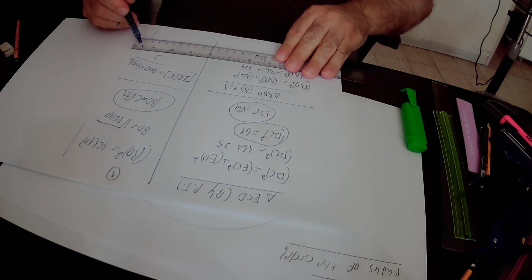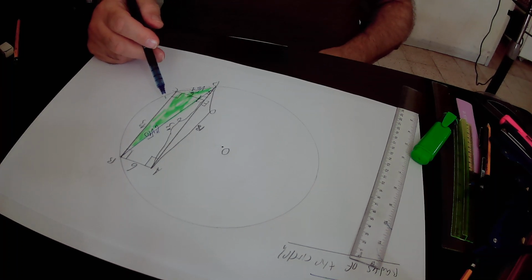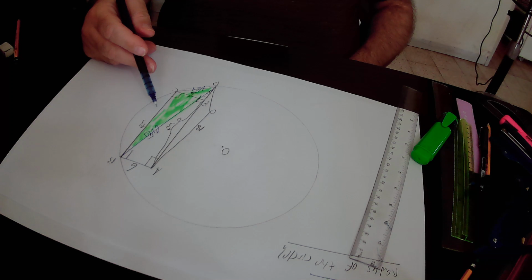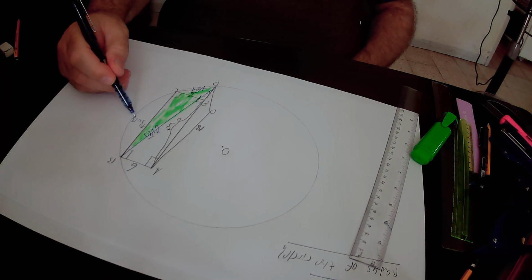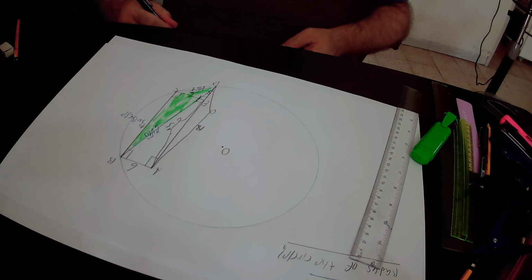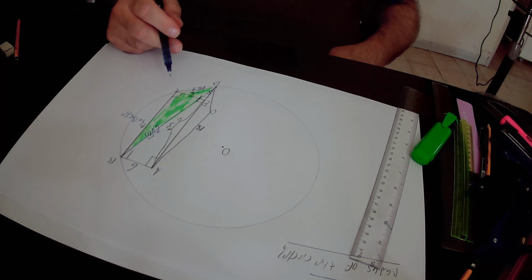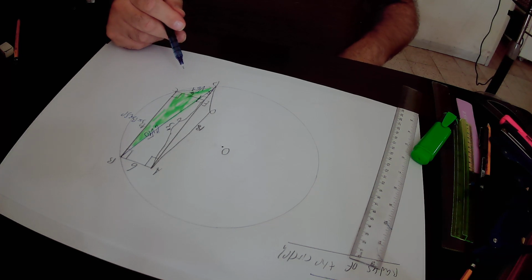So the area of triangle BDC: we choose the base of the green triangle BDC to be BC. This is the base. So the area will be equal to the base, side BC, times the height. The height to the base must create 90 degrees with the base.